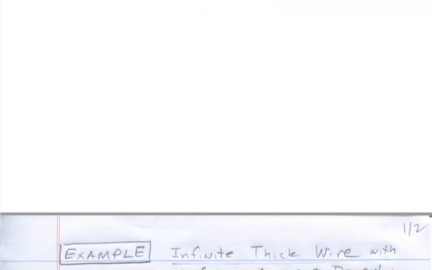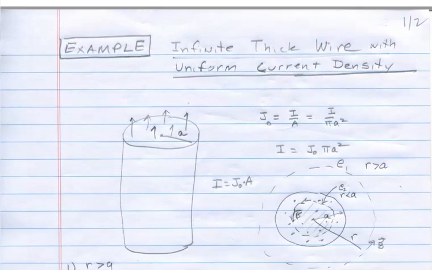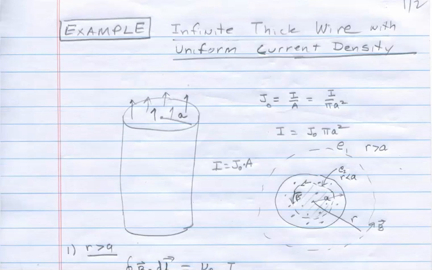Another example of using Ampere's law with a little more substance to it is one where we have a thick wire that has a uniform current density. So I want to look at this situation now where I don't have a thin wire like the previous, but I want to consider a thick wire.